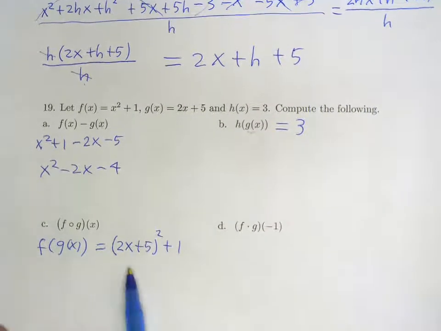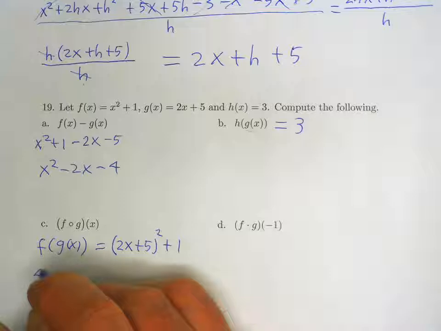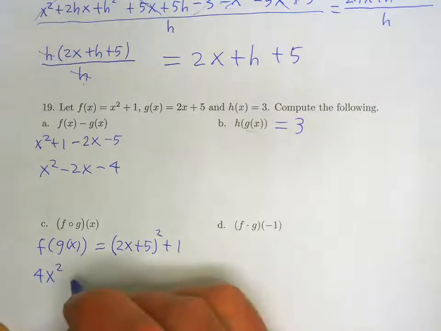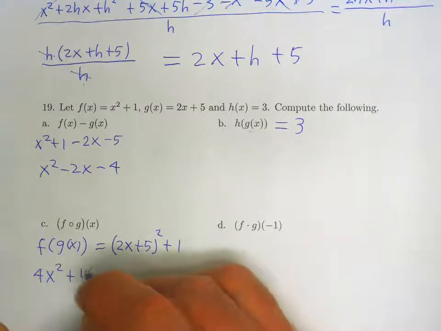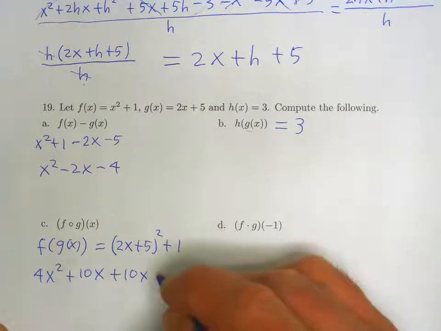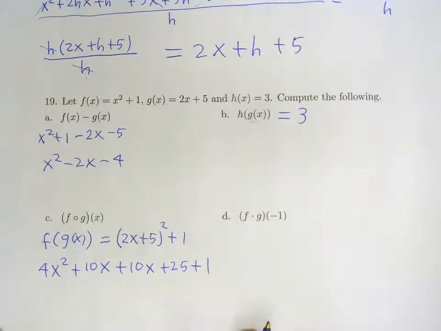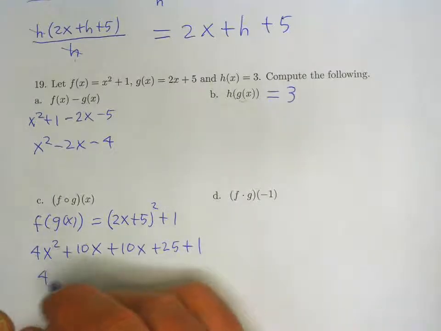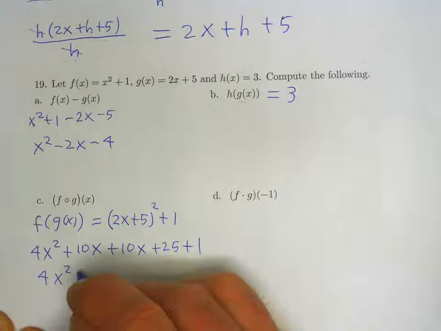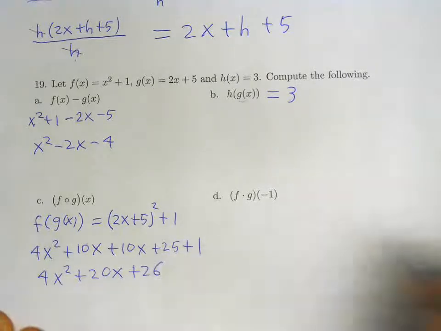And then we should expand this. When you square 2x plus 5, you get 4x squared, plus 10x once, plus 10x a second time, and then plus 25 plus 1. And then simplify by combining like terms: 4x squared plus 20x plus 26.